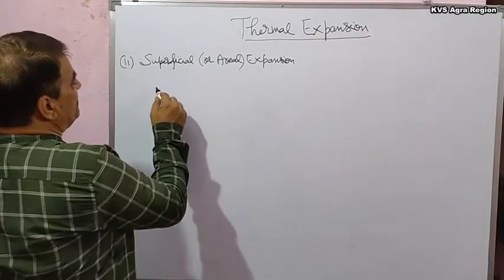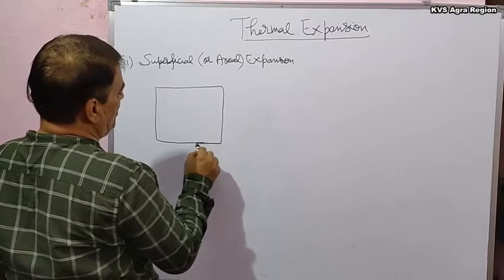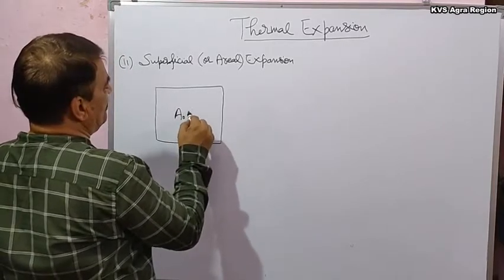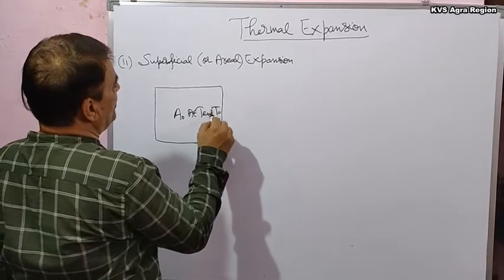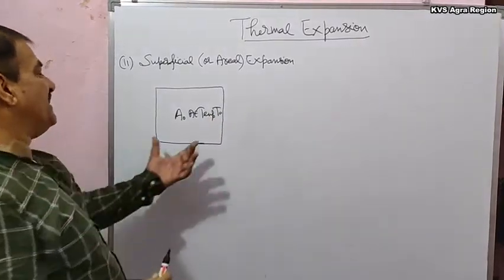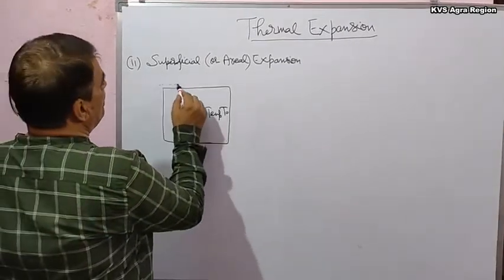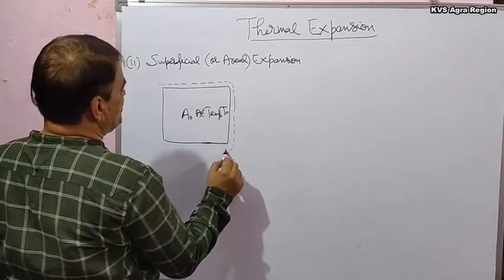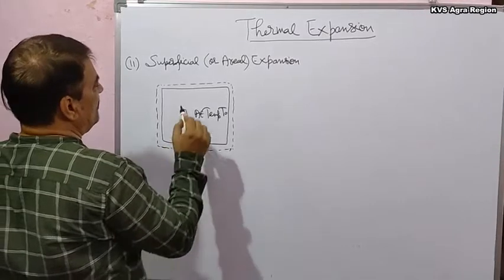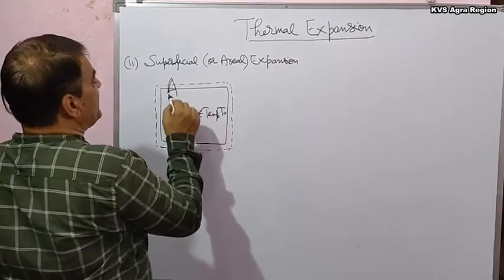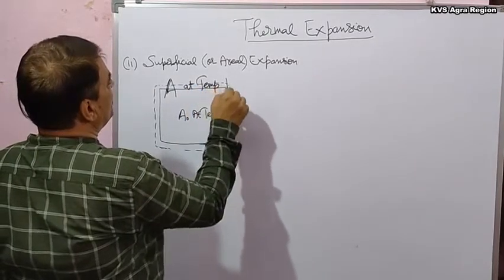So let us consider a sheet of area A0 at temperature T0. When this sheet is heated, its area will increase, the sheet will expand, and let its area become A at temperature T.